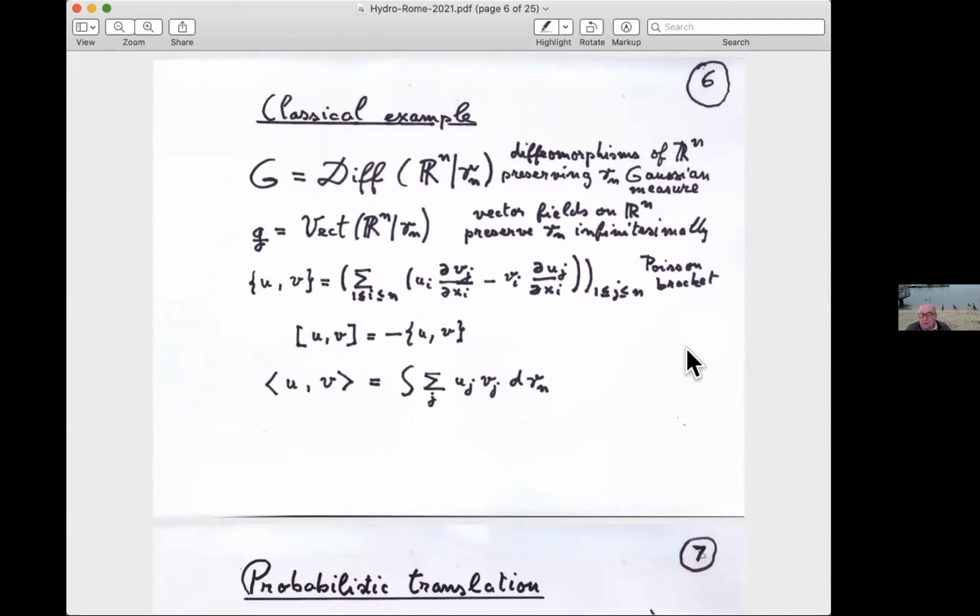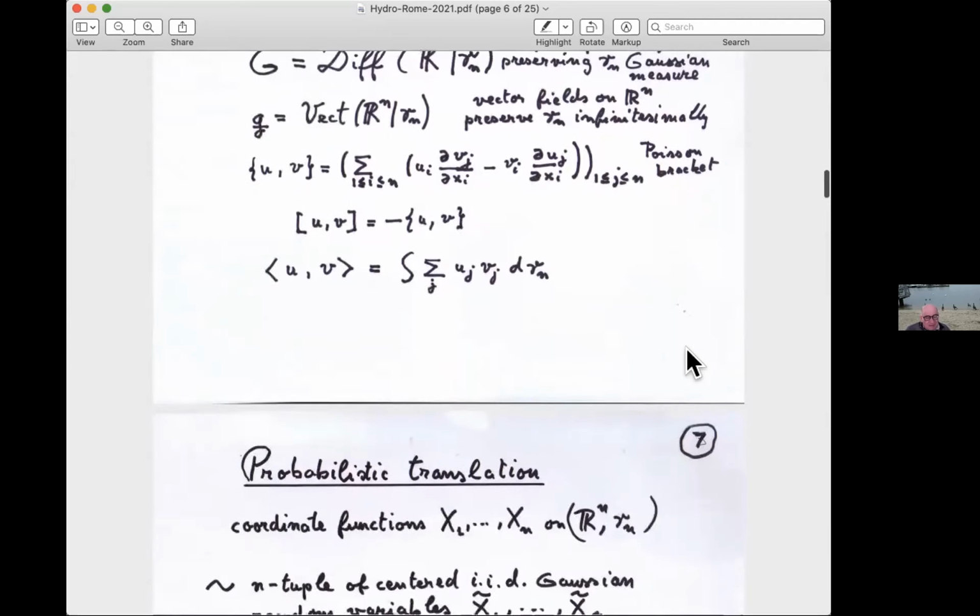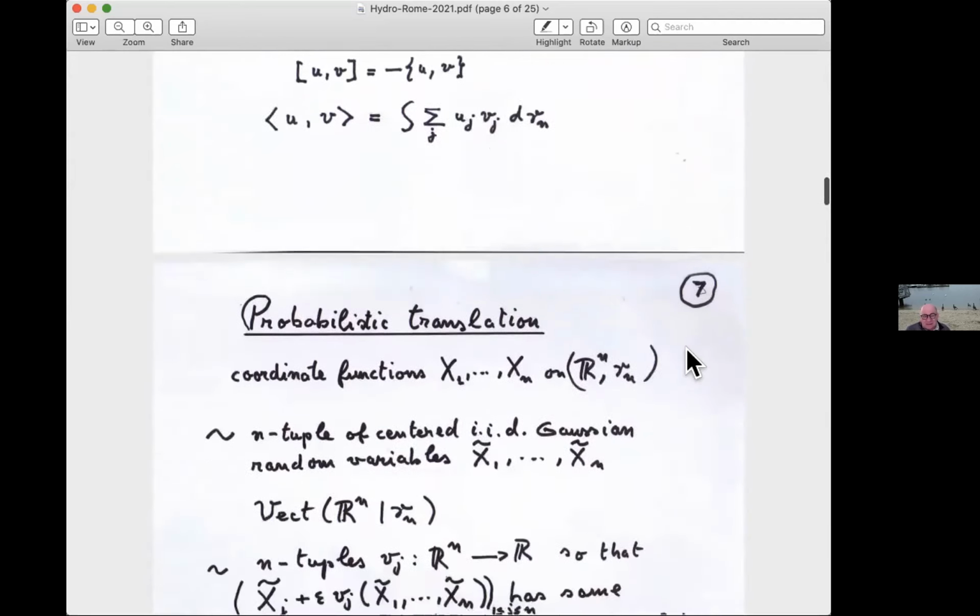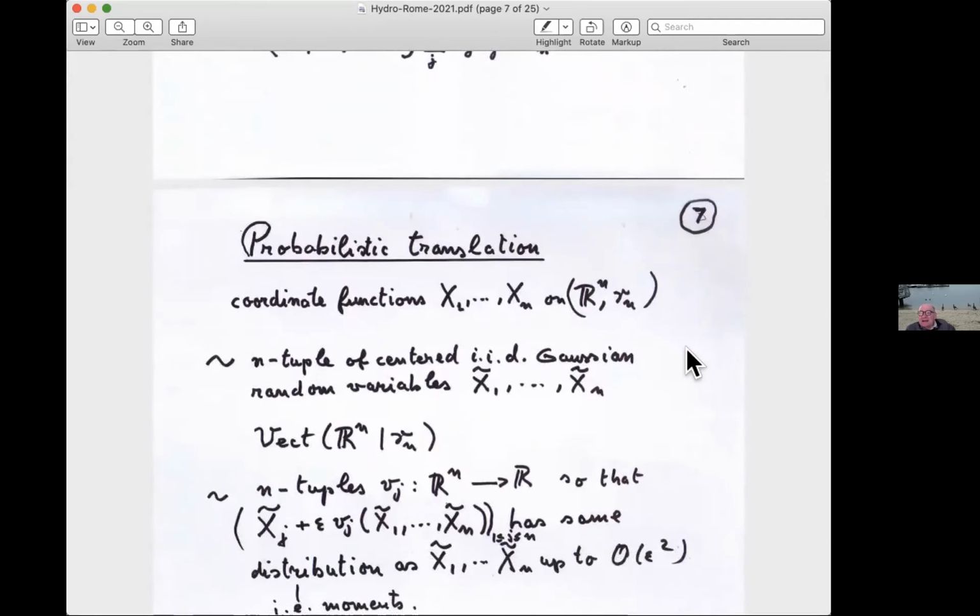Then, because one has this Gaussian measure around, everything can be interpreted probabilistically, namely the coordinate functions on Rn with the Gaussian measure form an n-tuple of centered IID Gaussian random variables, which I'm going to denote by x1 twiddle, ..., xn twiddle.